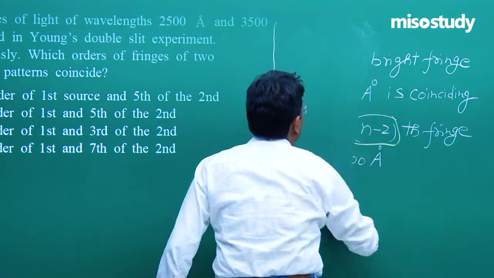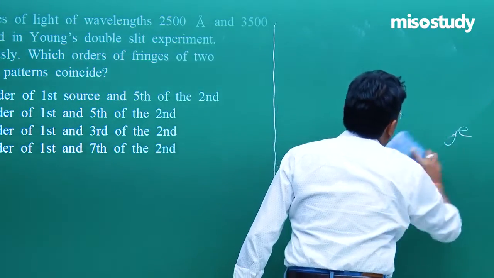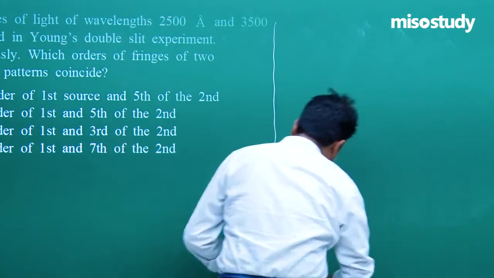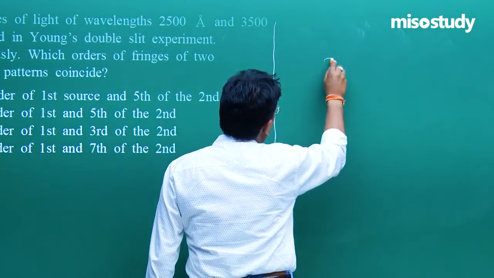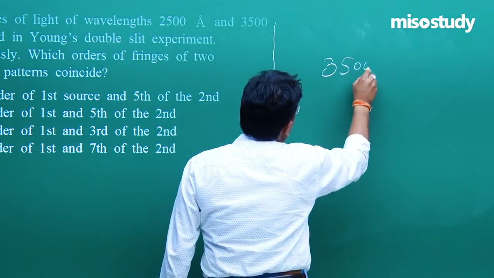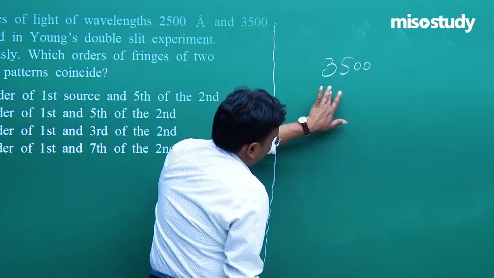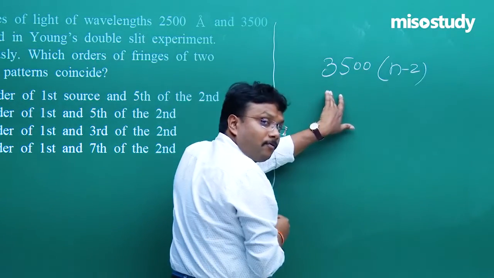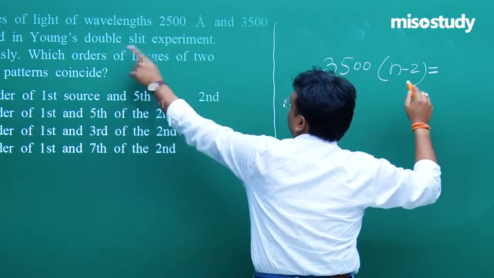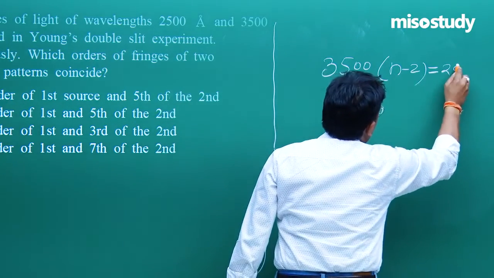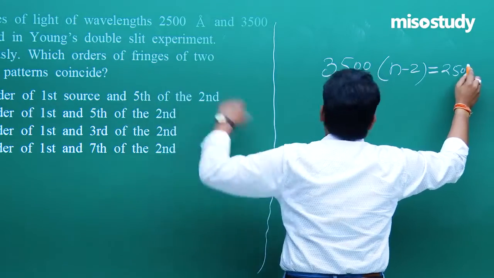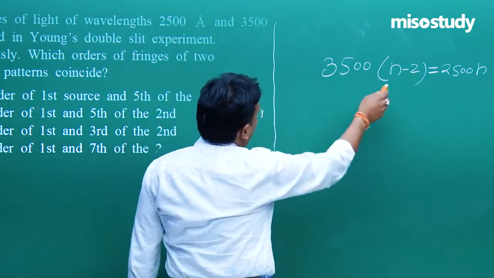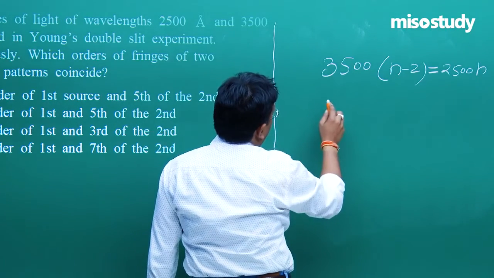Now let's put a simple value over here. And what is that value? That is 3500, that is this lambda 2 times n minus 2, fine, is equal to this value 2500n. Ultimately we have to find the value of n. Fine. So let's understand it.